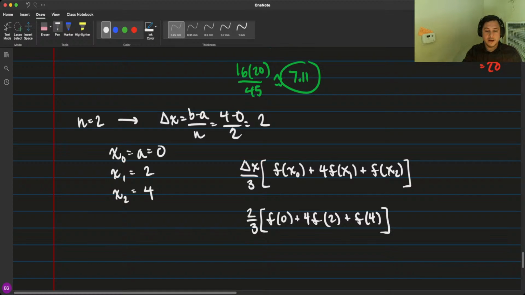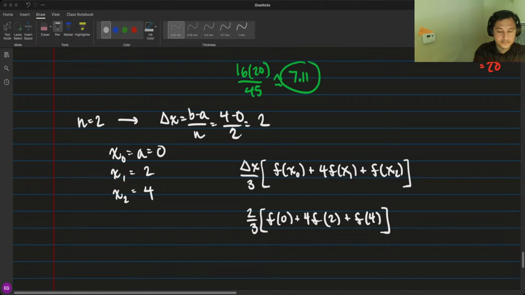Okay, so I'm going to calculate that in Wolfram. So our f of x was x cubed minus 2x squared minus 8x. So I want 2/3 times f of 0 plus 4 times f of 2 plus f of 4.